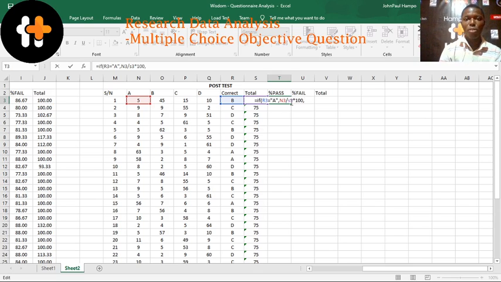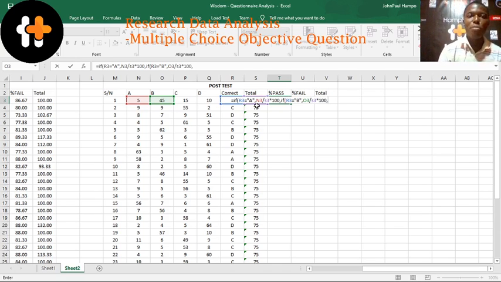Take it off. Then the next is, if the correct cell R3 is equal to B, then take B, divided by the total S3, multiplied by 100.